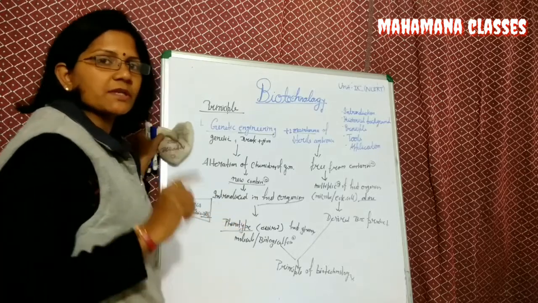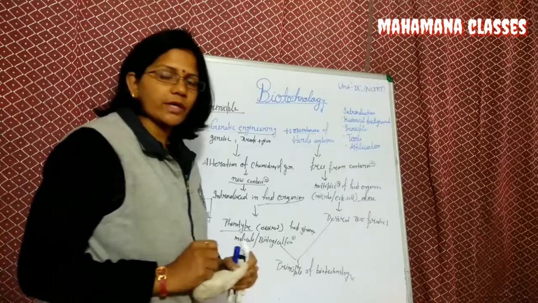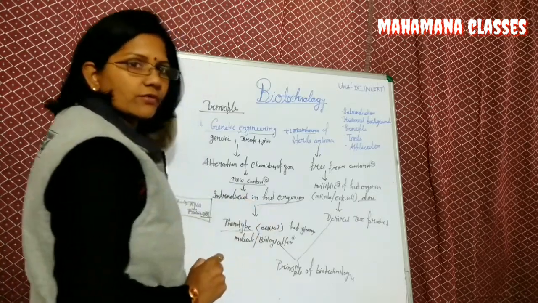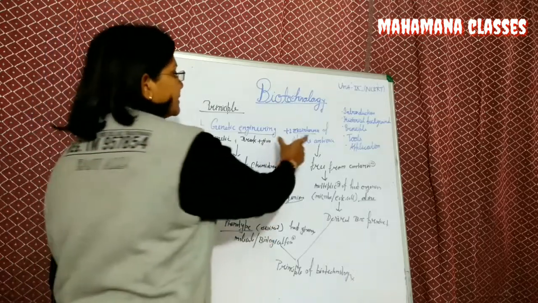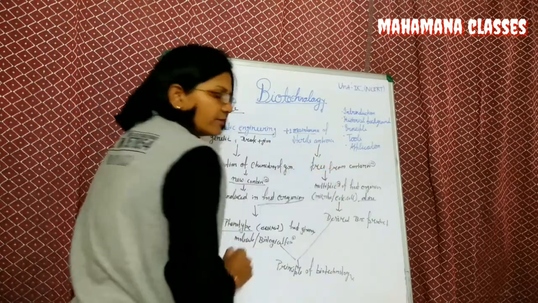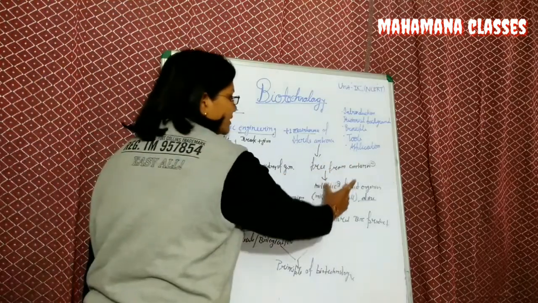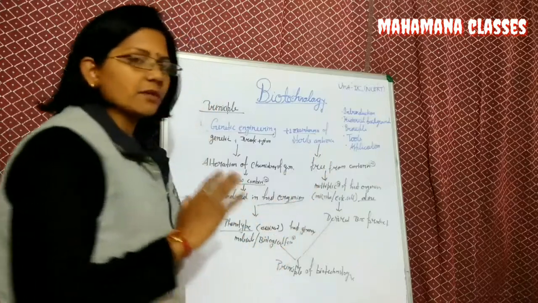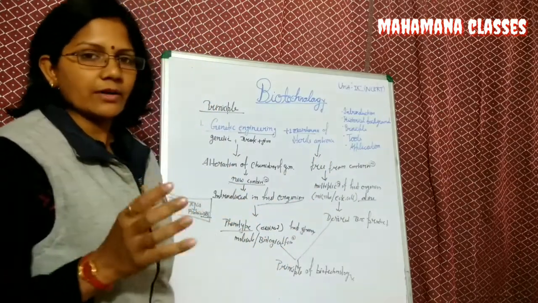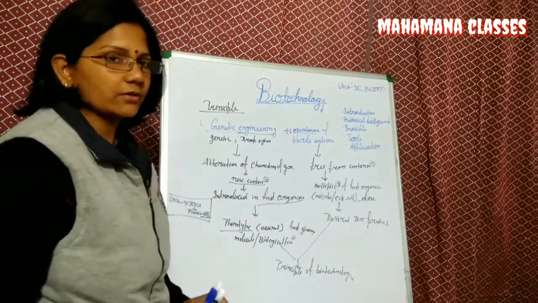The host organism will multiply and we get the desired phenotype, protein, or biological function. At the time of multiplication, the system should be sterile, free from any contamination. Then only our desired biological product is obtained. This is the main principle of biotechnology.